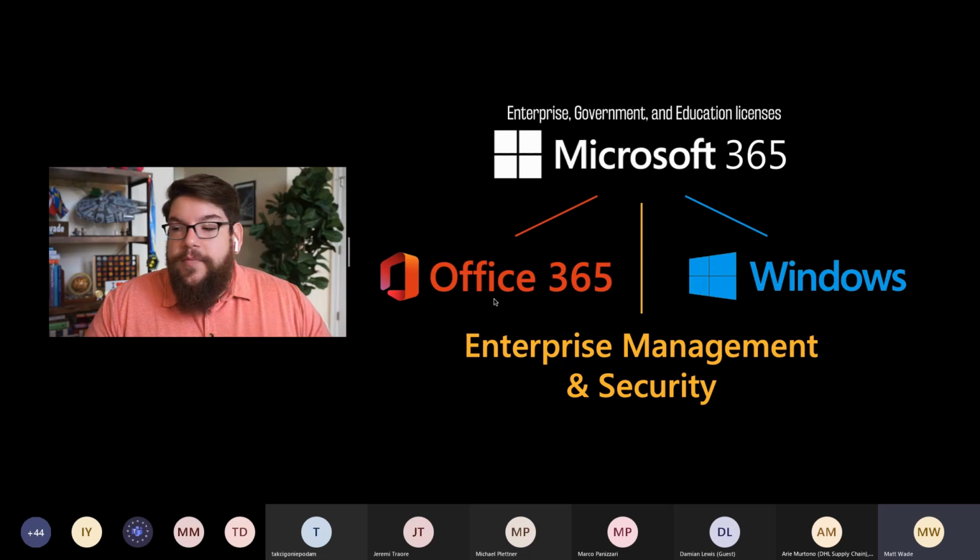In the commercial space, the government space, and the education space, Microsoft 365, which is the first part of the term Microsoft 365 groups, actually encompasses Office 365, enterprise management and security, so the EMS, the compliance, all that kind of stuff, and Windows 10.